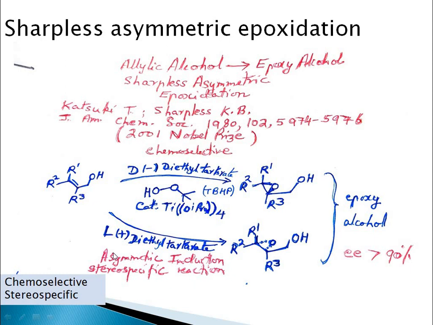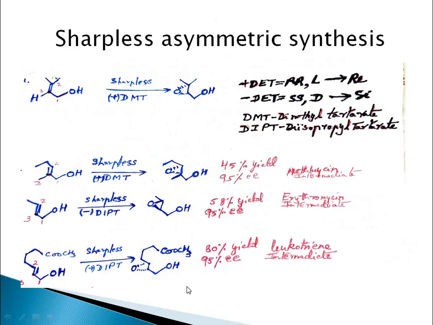Prochiral, that means prochiral face, and this chiral influence by diethyl tartrate in the presence of this catalyst will lead to either of these two enantiomers in excess. In other words, asymmetric induction or stereoselectivity has occurred. Therefore, by using either minus or plus, we will know exactly what type of product can be formed. So this reaction is also stereospecific.